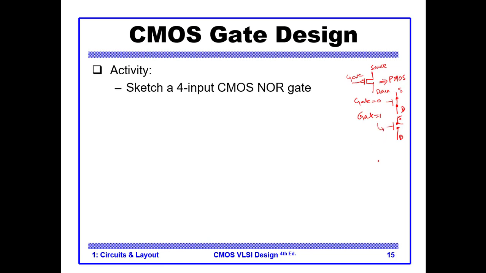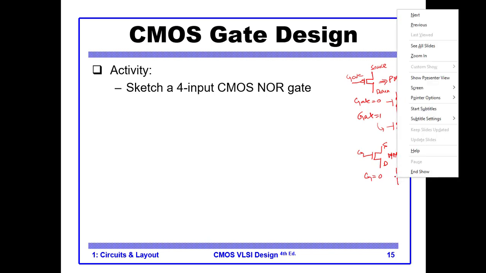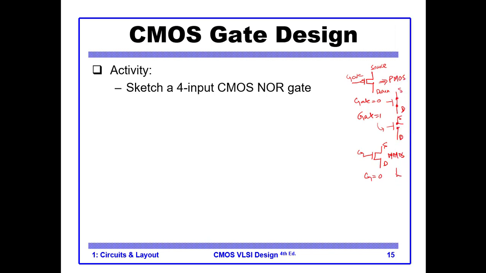So this is PMOS. Then we have NMOS. NMOS is this one. It doesn't have a bubble at the gate. This is gate, source, drain, and it is reverse. If gate is 0, it is an open switch.